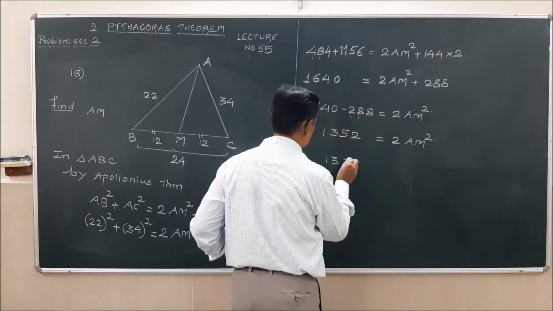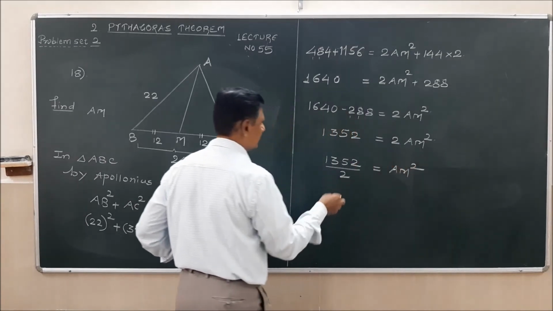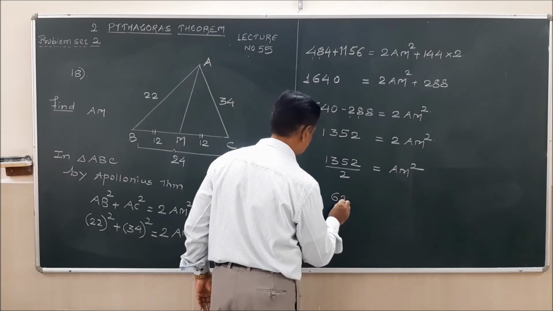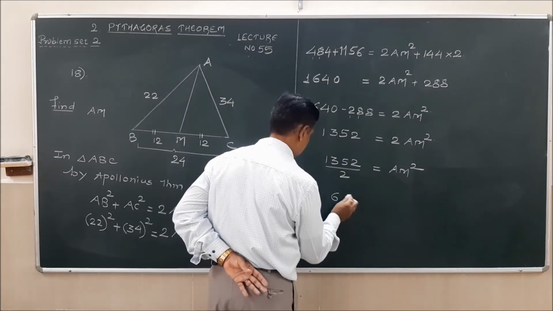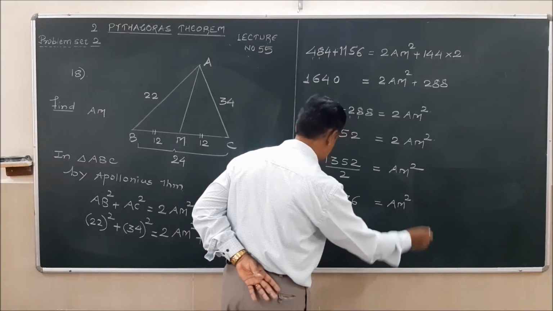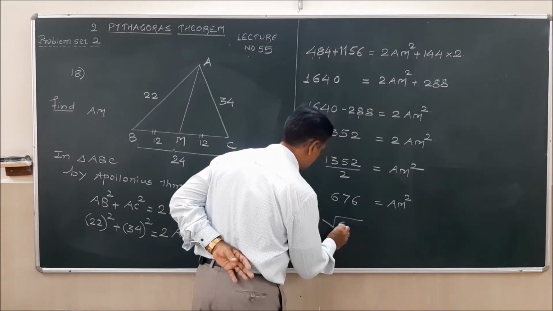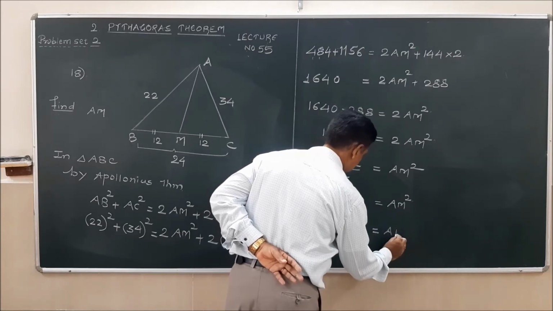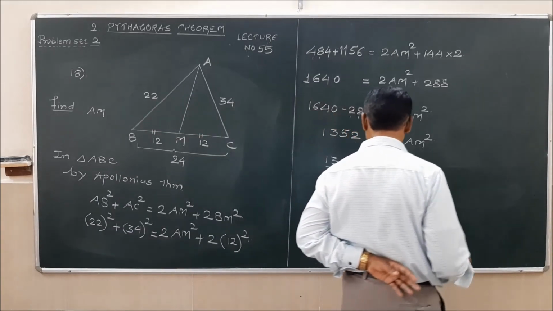So 1352 upon 2 is equal to AM square, 676. Square root of 676 is 26.